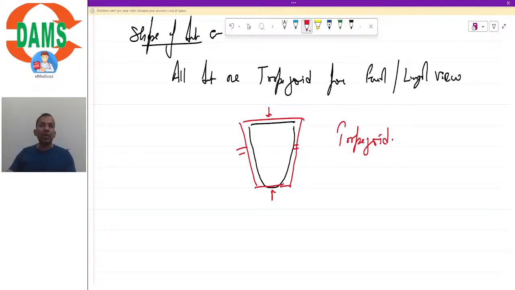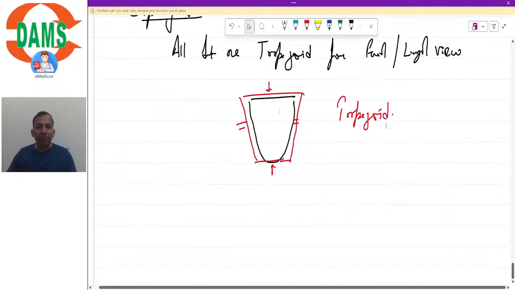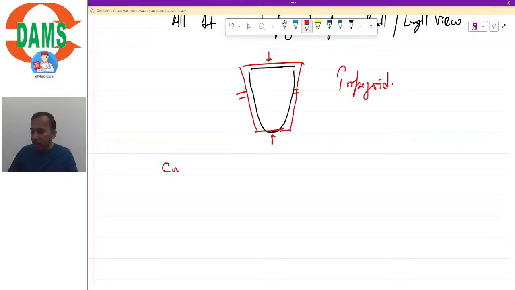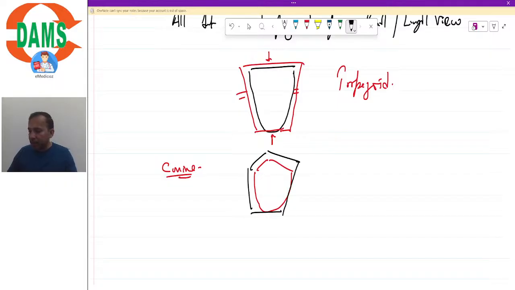But if we talk specifically about the canine, how does the canine appear? Canine would appear like a 5-sided structure, isn't it? So we can say that it appears pentagonal.